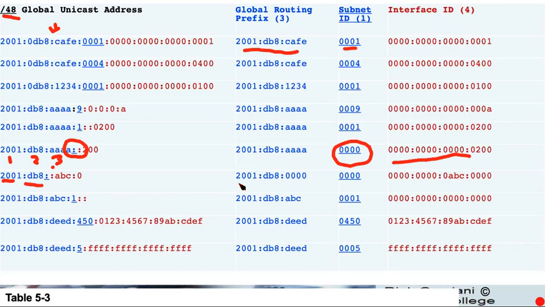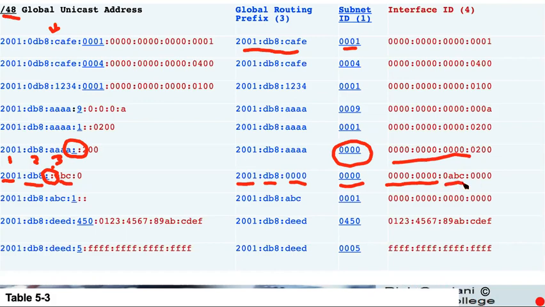Here we have 2 hextets, and looking at our double colon, one of the double-zero hextets is in our global routing prefix. Another all-zeros hextet is our subnet ID, and the rest is the interface ID.